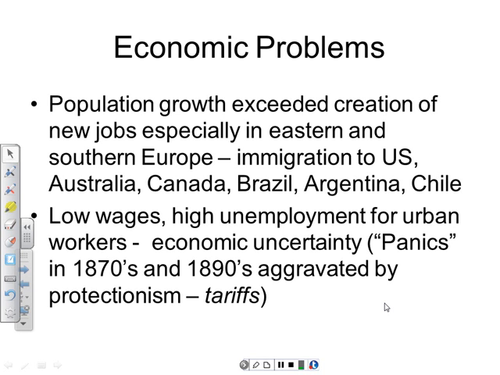So you can make a case that one reason why these panics were worse than they had to be was because governments were all promoting these tariffs and putting up these tariffs and creating this artificial oversupply.